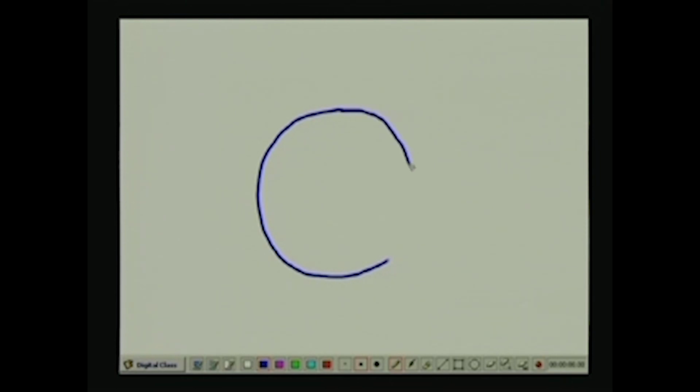Let us say you have got a tunnel alignment like that, and the joint set is oriented in this manner. This is joint set 1 and that one is joint set 2.